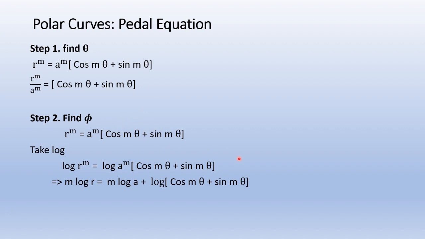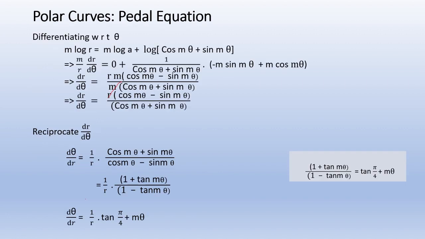Differentiate with respect to theta. Differentiating m log r is m by r dr by d theta. m log a is 0 as a is constant. Differentiation of log of cos m theta plus sin m theta is 1 by cos m theta plus sin m theta. Again differentiating, cos m theta gives minus m sin m theta, plus differentiating sin m theta is m cos m theta.